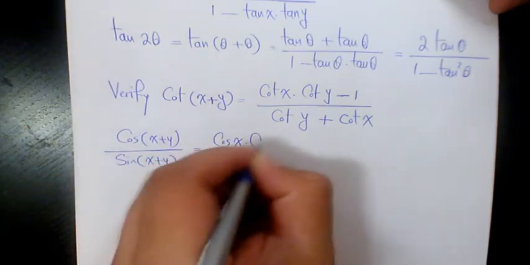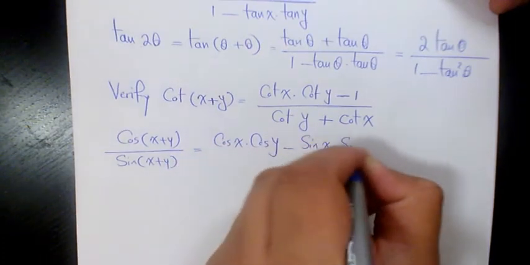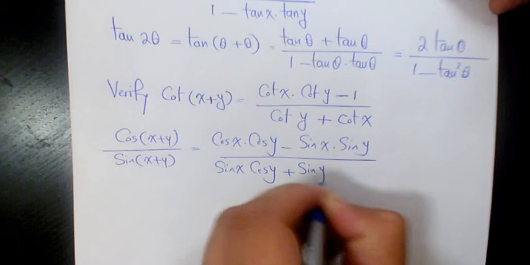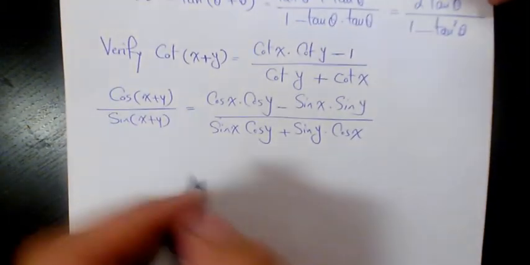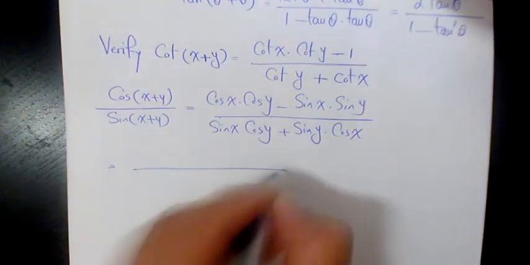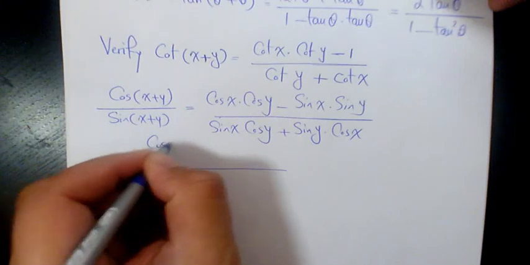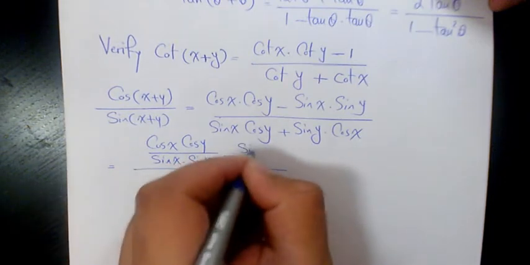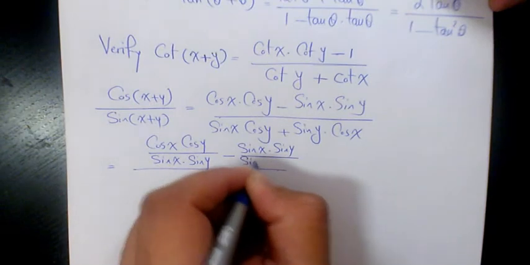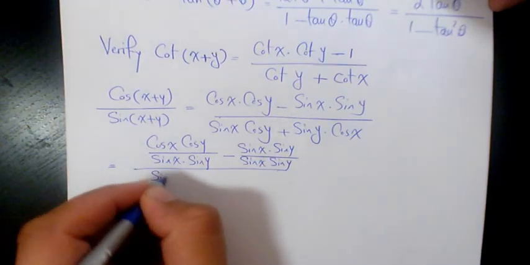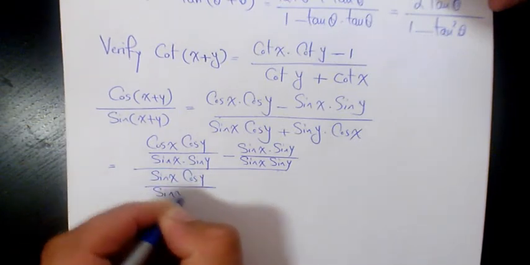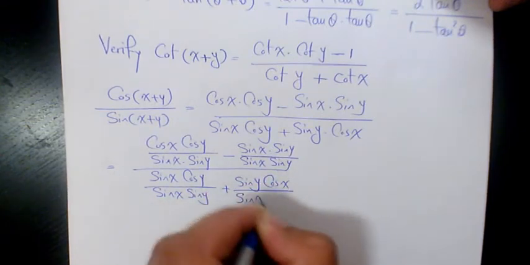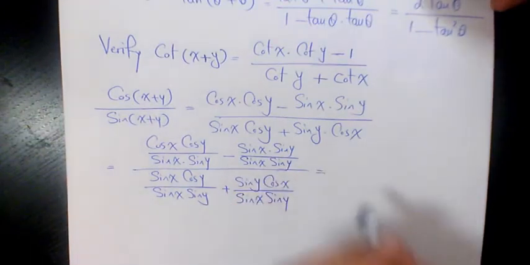We have cosine x cosine y minus sine x sine y over sine x cosine y plus sine y cosine x, divided by sine x sine y, all terms: cosine x cosine y over sine x sine y minus sine x sine y over sine x sine y, over sine x cosine y over sine x sine y plus sine y cosine x over sine x sine y. Then now let's start simplifying.